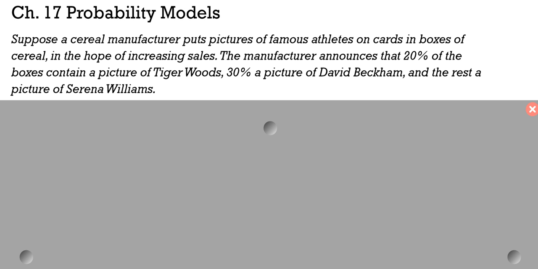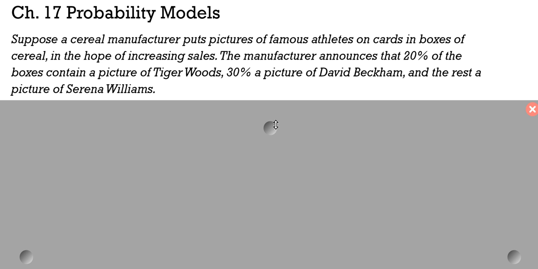So here's the example from before. You get famous athletes on trading cards in the boxes of cereal. So 20% contain a picture of Tiger Woods, 30% contain a picture of David Beckham, and the rest are Serena Williams. The rest is 50%.